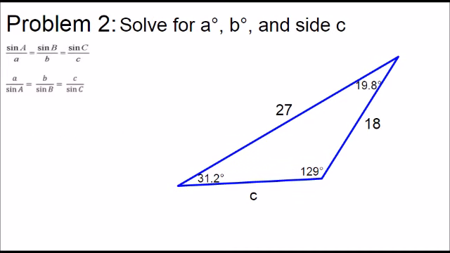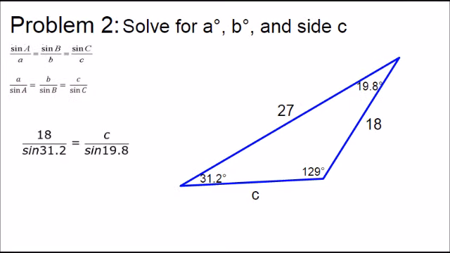The only thing we have left to solve for is side C, so we're going to set up a proportion with the sides and angles. So 18 over sine 31.2 equals C over sine 19.8. You could also use 27 over sine 129, but it doesn't really matter as long as you're consistent.